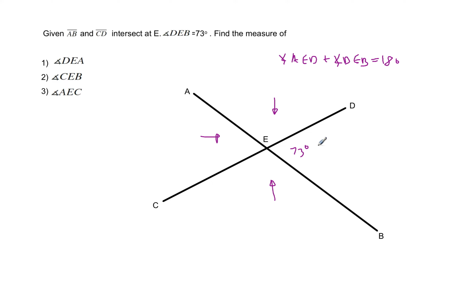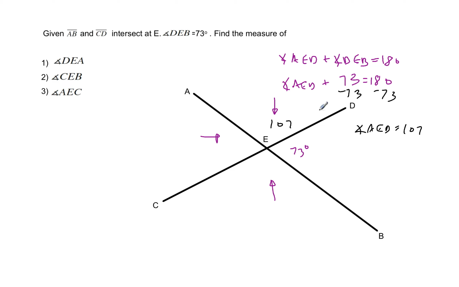Well, if DEB is equal to 73 degrees, that means that angle AED plus 73 is equal to 180. So I'm simply going to subtract 73 from both sides of my equation, which means angle AED is equal to 180 minus 73, which is equal to 107. So angle AED is 107.